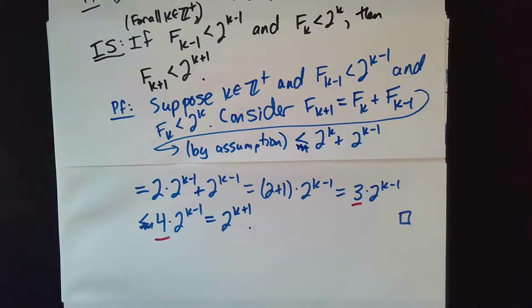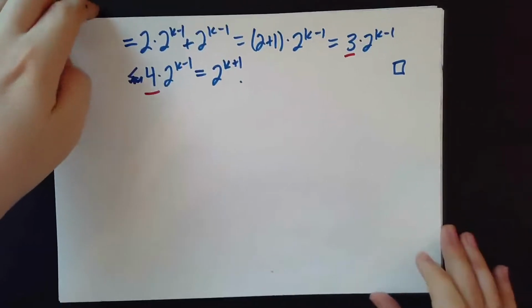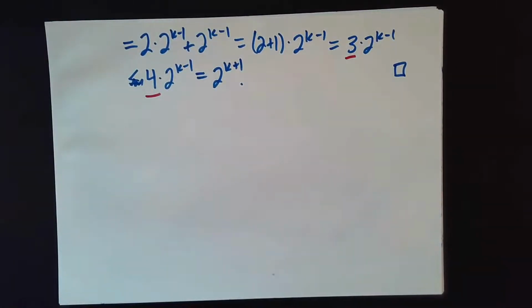Number 5 is to prove that this thing is always a multiple of 8.